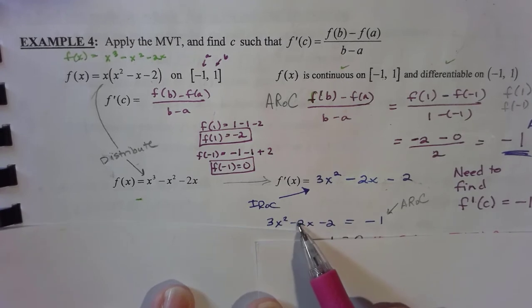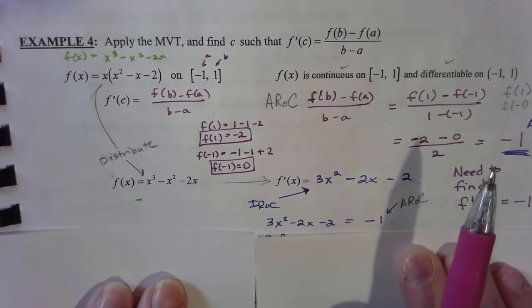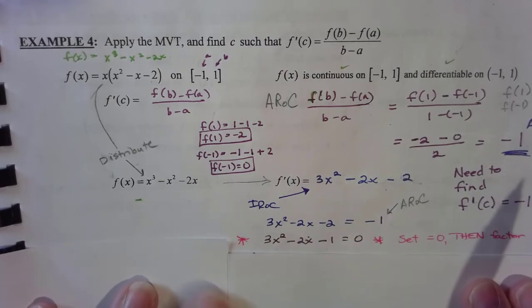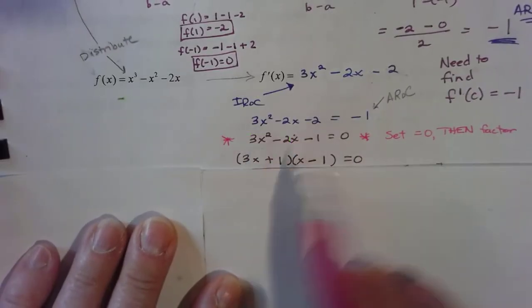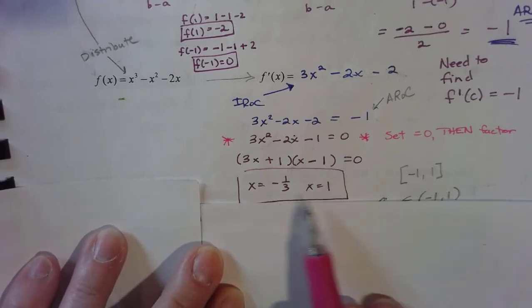Here's my instantaneous rate of change equaling my average rate of change. Remember that when you are solving an equation of this type, we need to set it equal to 0 and then factor it. This factors very nicely, and my values that solve the equation are -1/3 and 1.